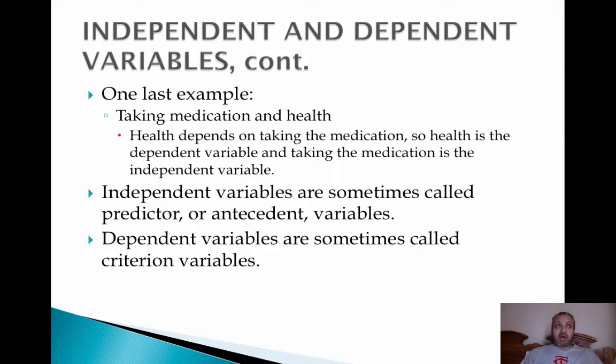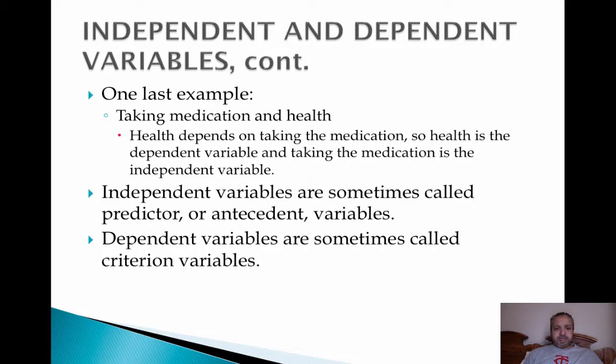So, if someone has an upset stomach, if they take Pepto Bismol, will they feel better? So in that example, the medication, Pepto Bismol, is the independent variable, and how the person feels, their condition, is the dependent variable. Okay.